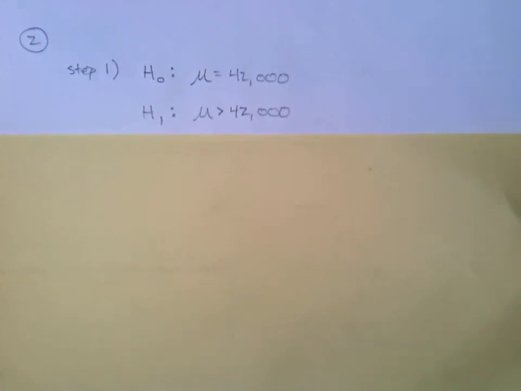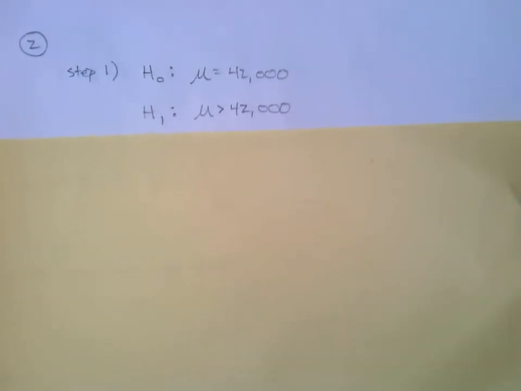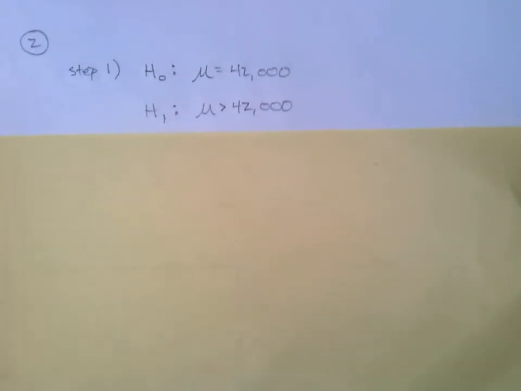Also, the standard deviation of the larger national population of managers is 5,230. At a significance level of alpha equals 0.05, is there enough evidence that managers from Carl's Jr. average more than $42,000?